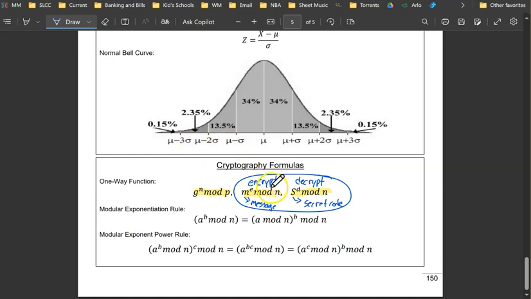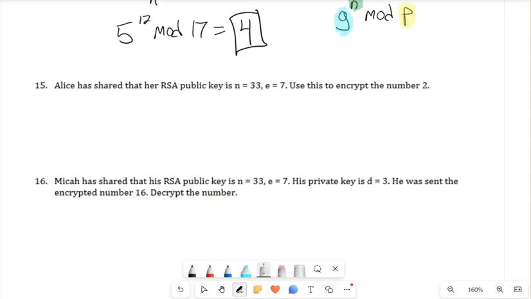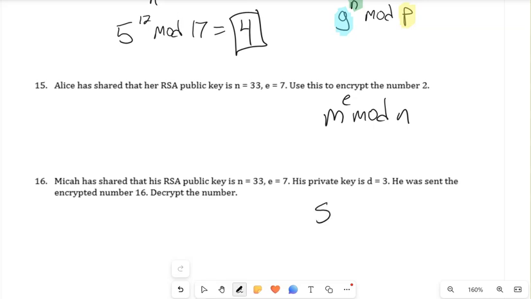So we have encrypt, decrypt. We're going to use the encryption, M^E mod N, for our first one. So this one's going to be M to the E mod N. Whereas this is going to be S to the D mod N, because this is the decryption.